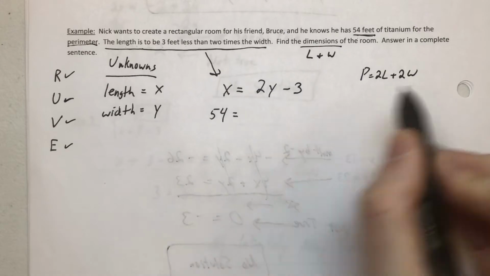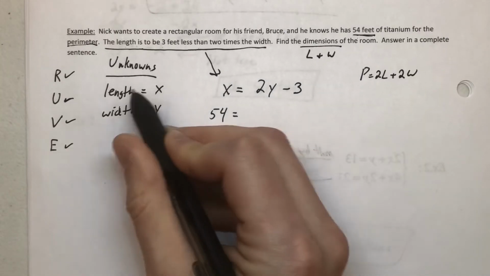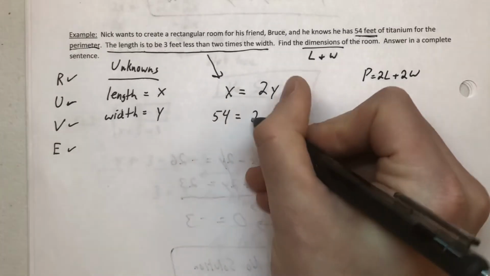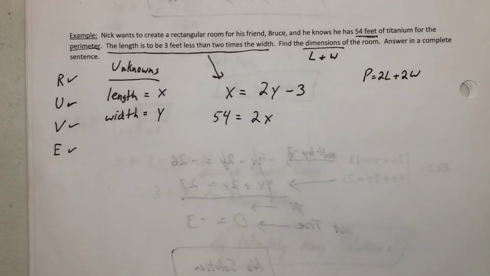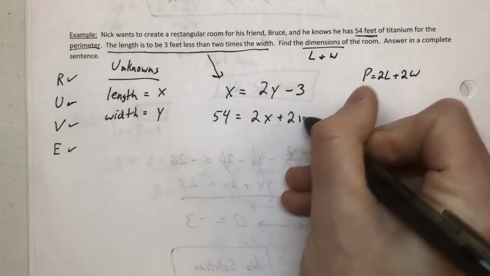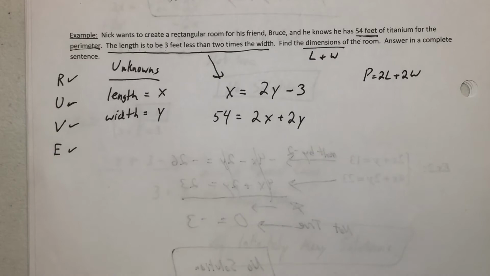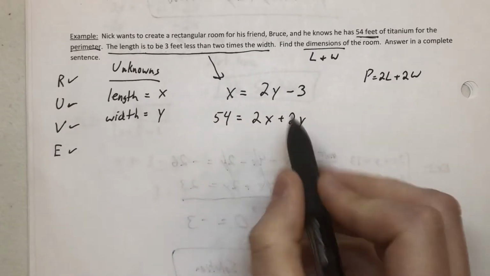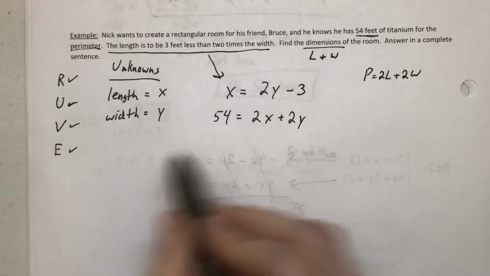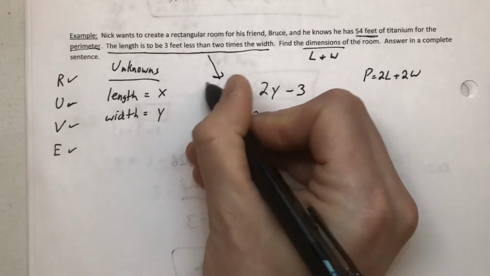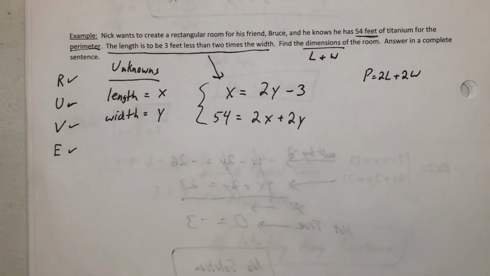I'm not going to use L and W because I've got my variables I want to use for length and width right there. So 2x for length plus 2 times the y for the width. And with that, we've set up the word problem. Basically getting to here, right, you've now got your system in front of you. The word problem's done until you get to your final answer and you're interpreting those numbers.